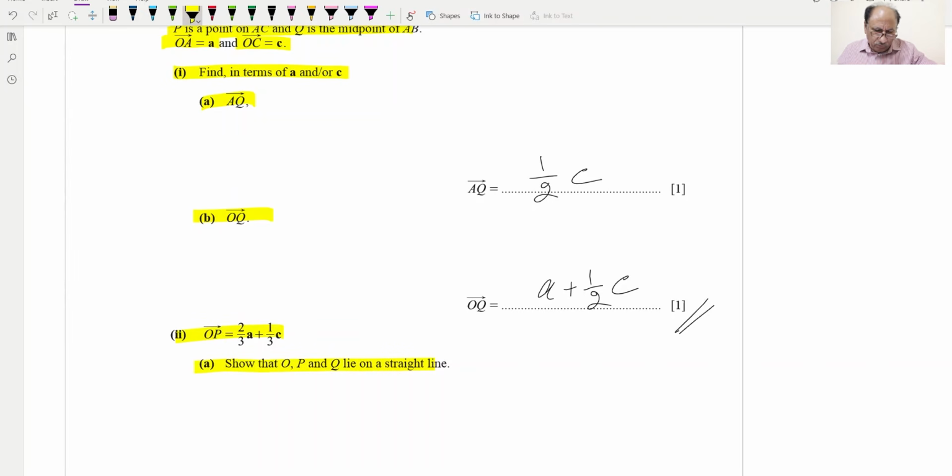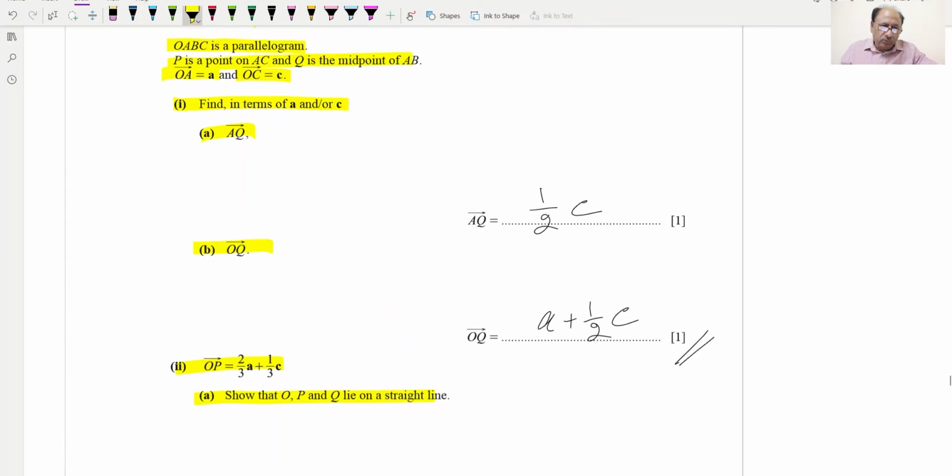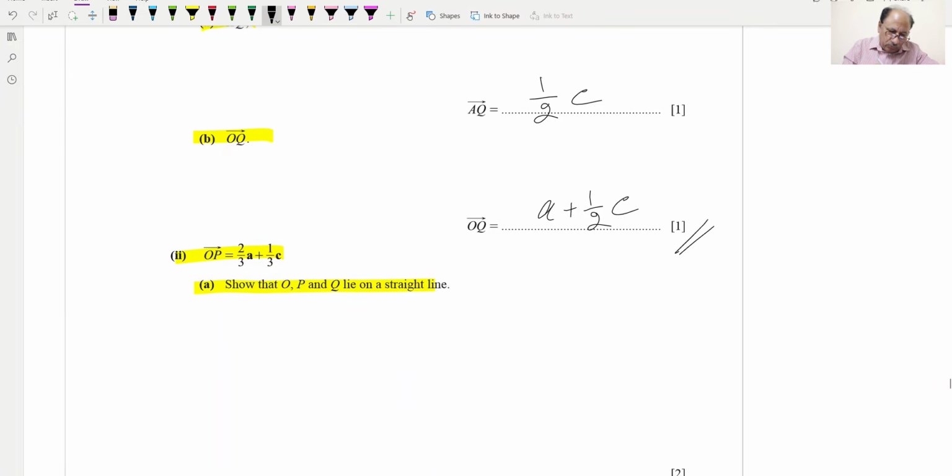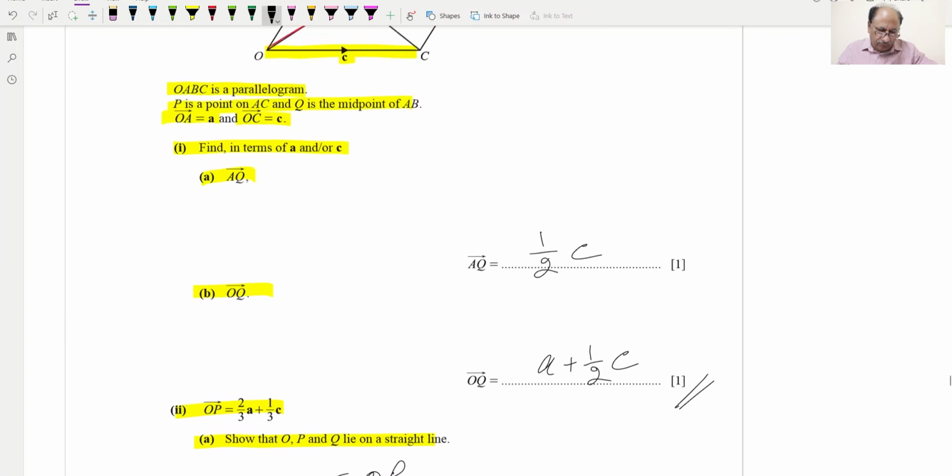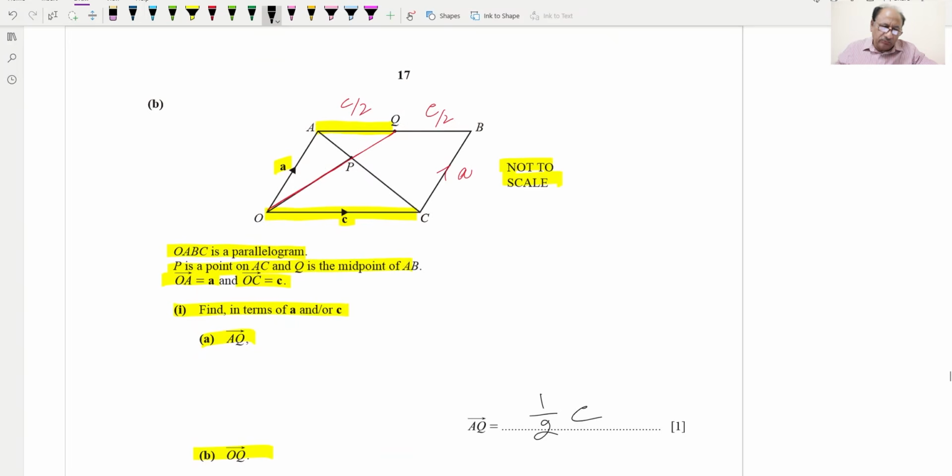Now part 2, OP. Show that O, P and Q lie on a straight line. If we check OQ, OQ is equal to 1.5 of OP, and from the diagram you can check this.